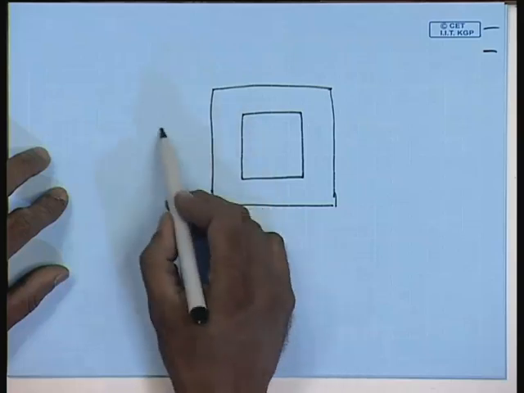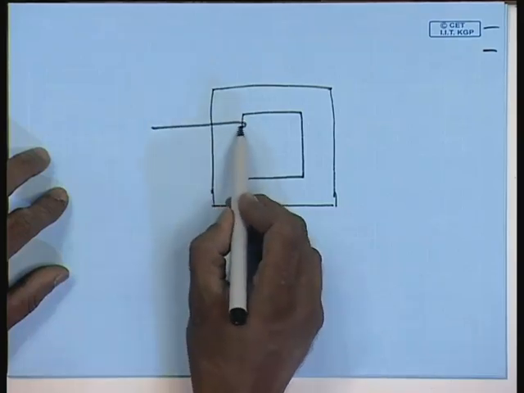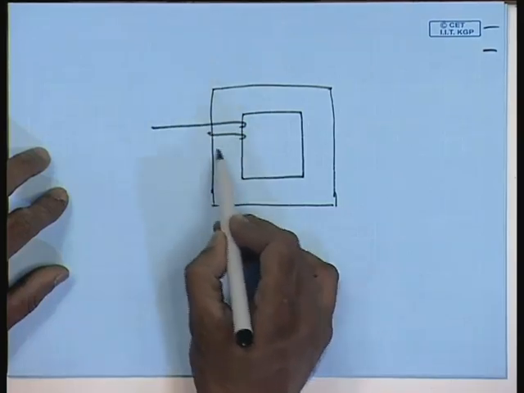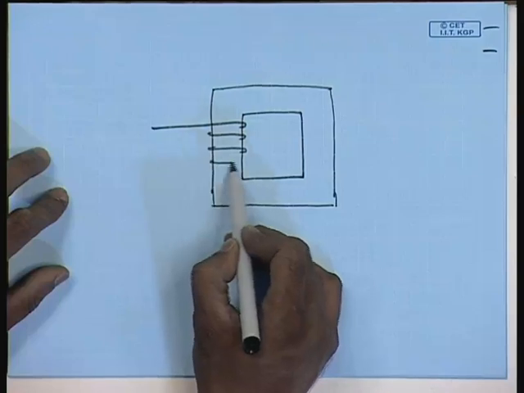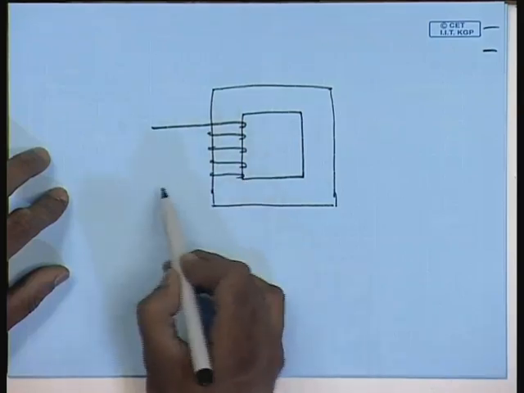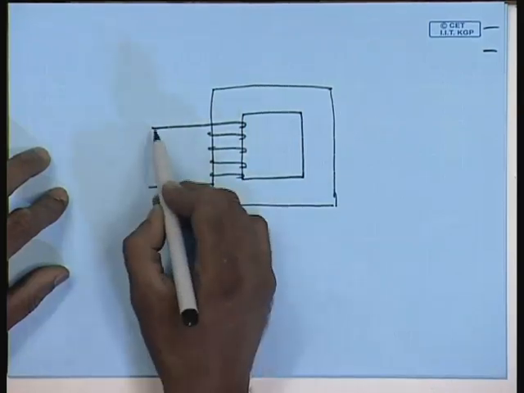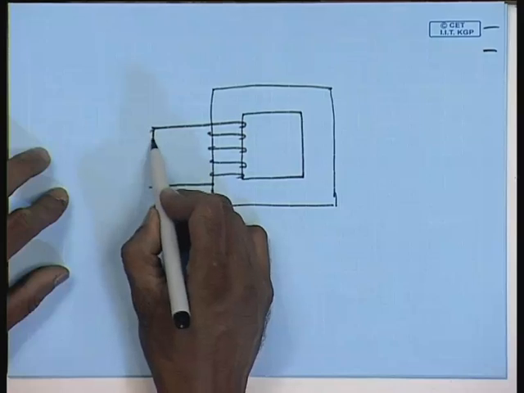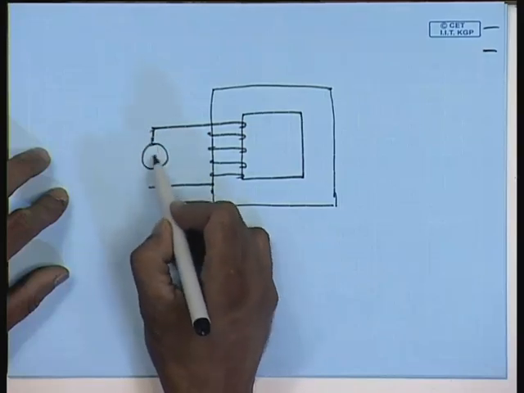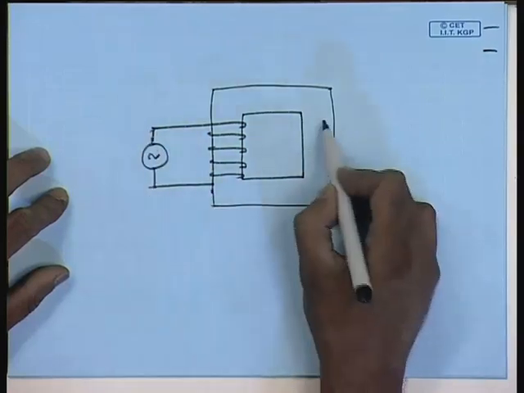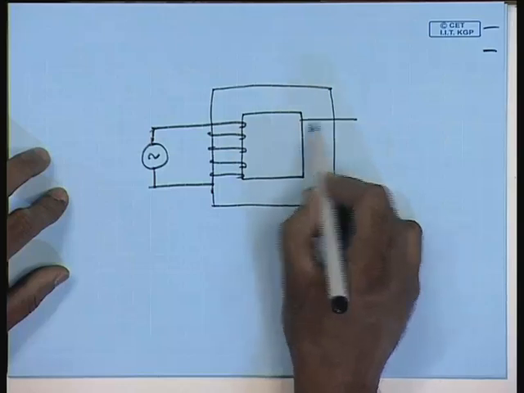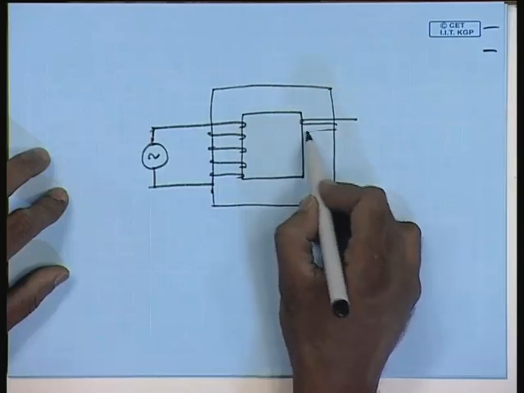on which the windings will be placed, and on the other winding the load may be connected.